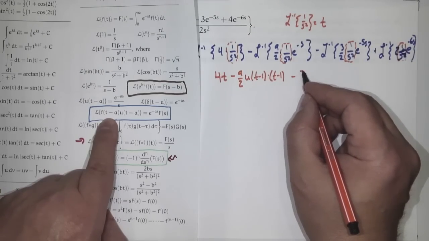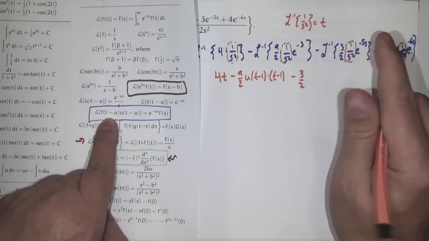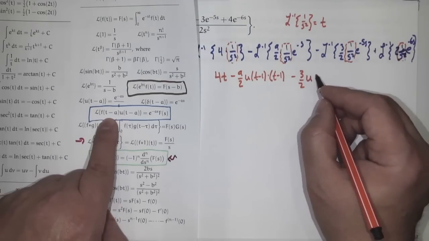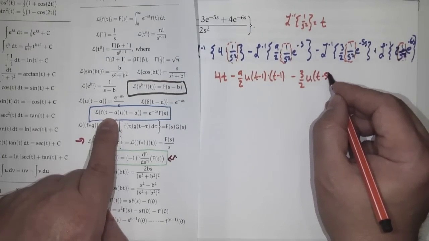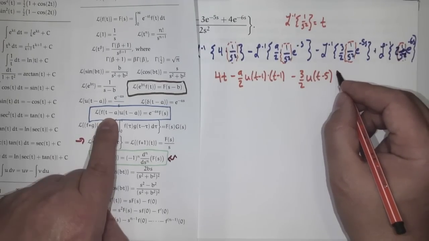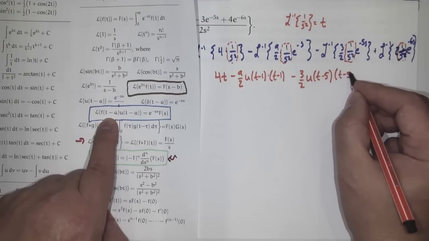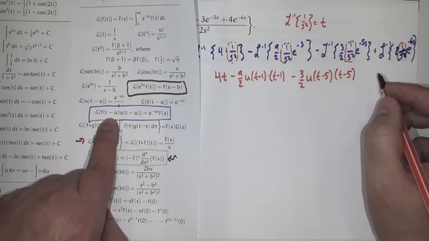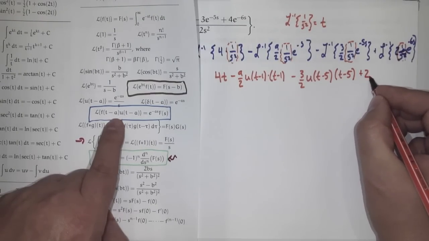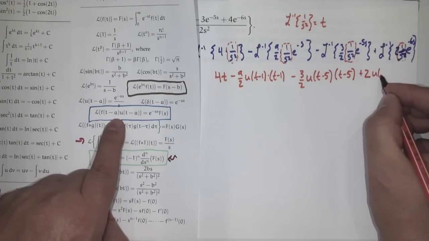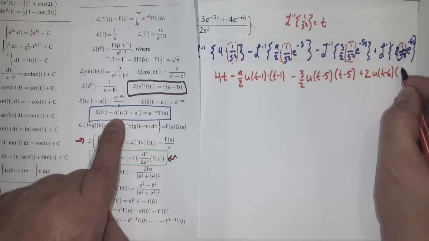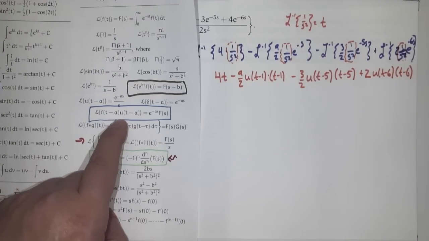Minus 3/2. Our switch comes at 5, u of t minus 5 times t minus 5, plus 2 u of t minus 6 times t minus 6.